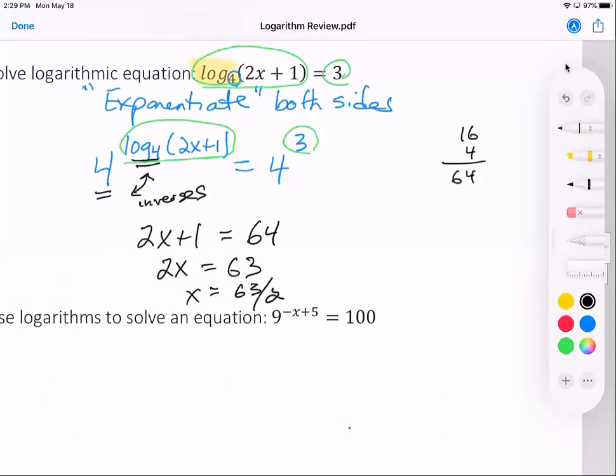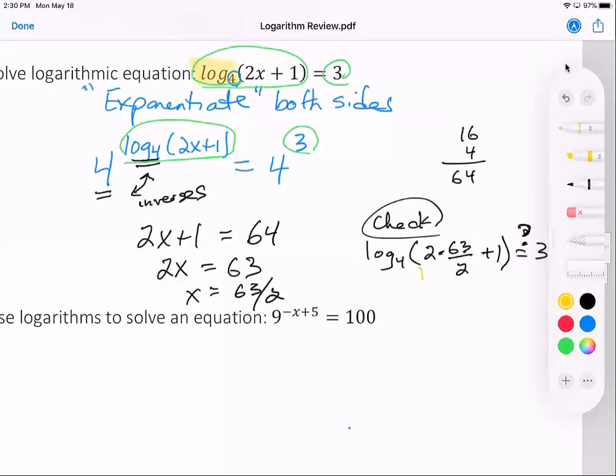Sometimes you have to be careful of extraneous solutions. If we plug in 63 halves into log base 4, do a quick check to see if it's extraneous. Log base 4 of 2 times 63 over 2 plus 1. Does that equal 3? This quantity right here is all positive, so this is defined.